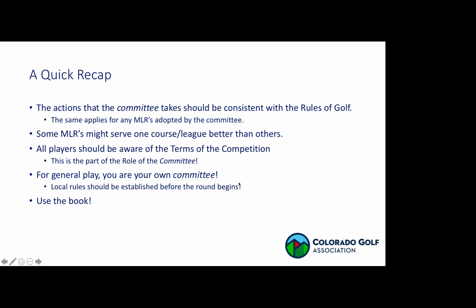Model local rule E5 might not suit what we're trying to accomplish with our higher level competitions as well as it does over here with general play or some of those lower level league competitions. So again, just because one league is using a model local rule and your league isn't doesn't necessarily mean one is right or one is wrong. It just might serve one better than the other.